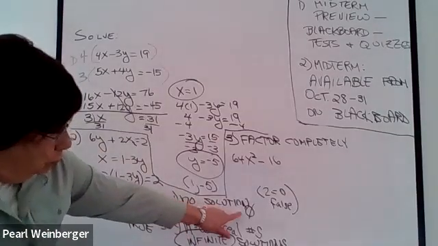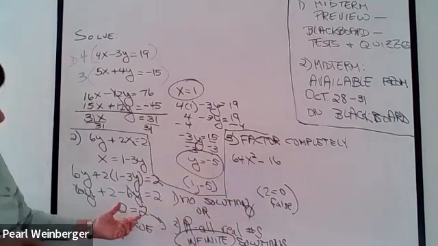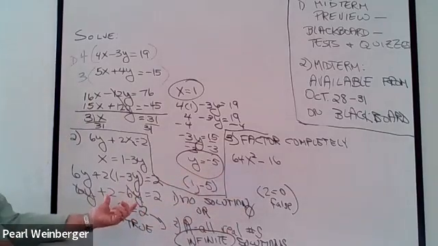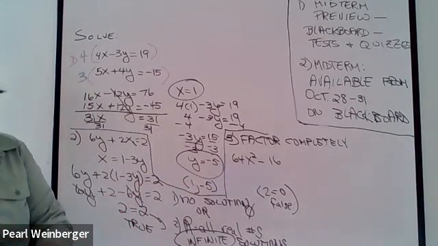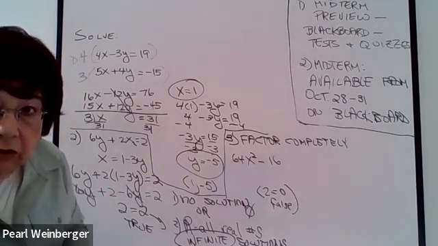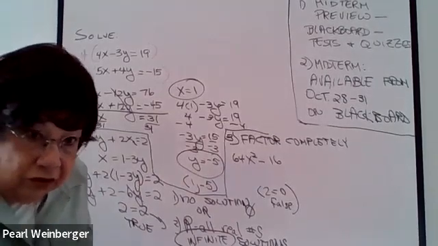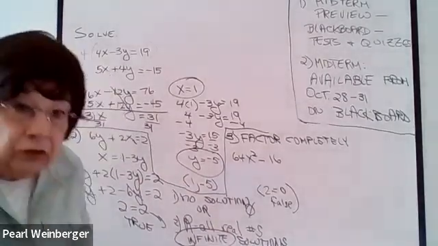Then you get no solution. But if you get the two numbers being equal, which we did in this case, a true statement, then there's an infinite number of solutions. Okay. That is systems of equations.